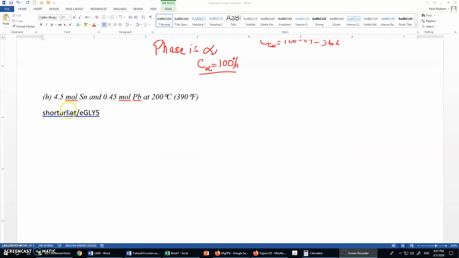Okay, need to find the phases for 4.5 mole tin and 0.5 mole lead at 200 degrees centigrade.